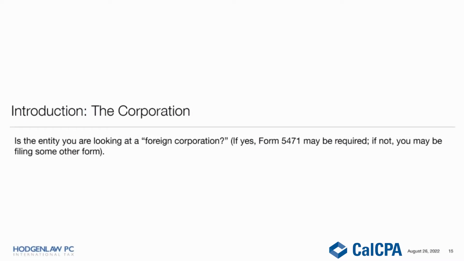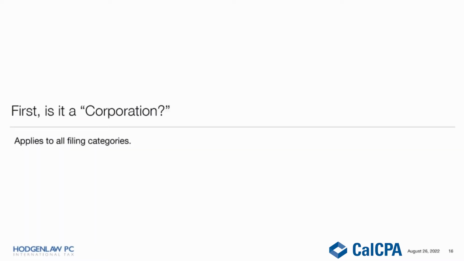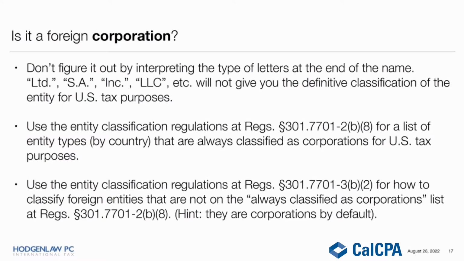And now let's look over at the corporation, because remember, the game we're playing is we've got a taxpayer who is a shareholder in the eyes of the IRS, and a shareholder of what? This thing. And so if you have the right kind of shareholder in the right kind of thing, namely a controlled foreign corporation, you've got a Form 5471 problem. So let's look at the corporation side. The first thing to look at is, is it even a corporation?